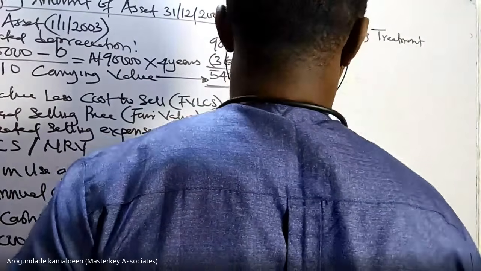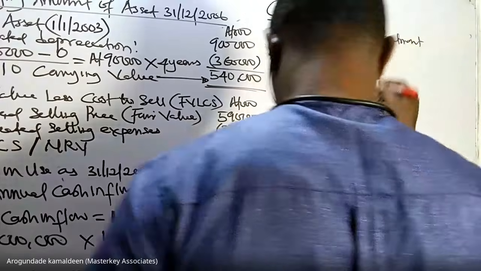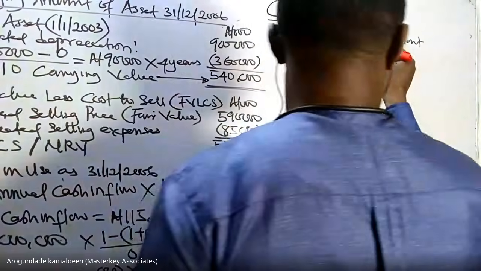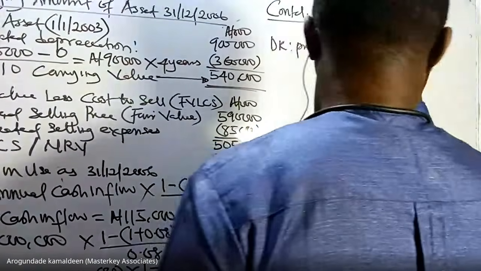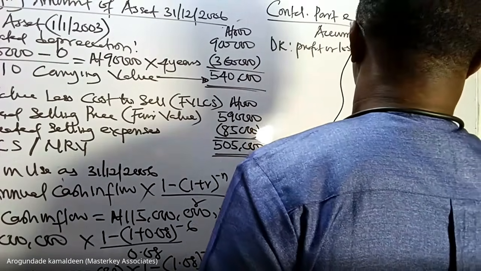The asset is maintained at cost model, as you can see. So this impairment goes to P or L, 8,368,839.